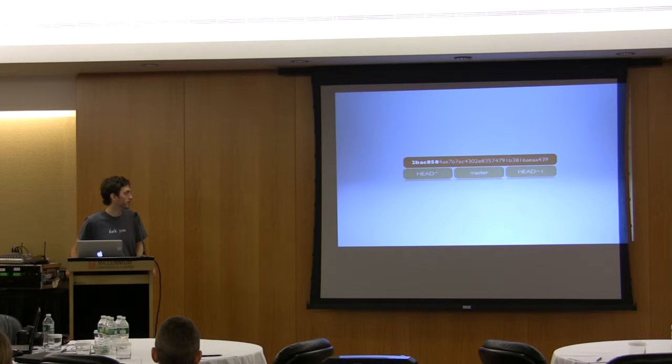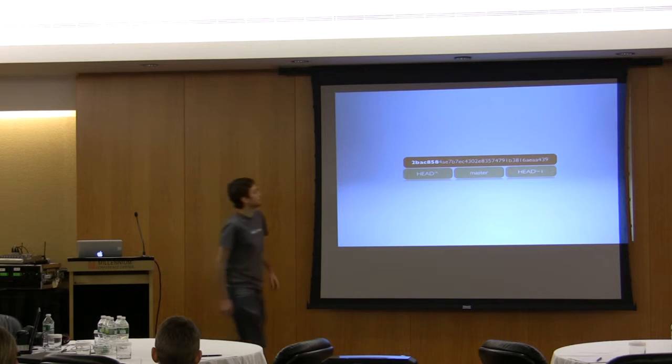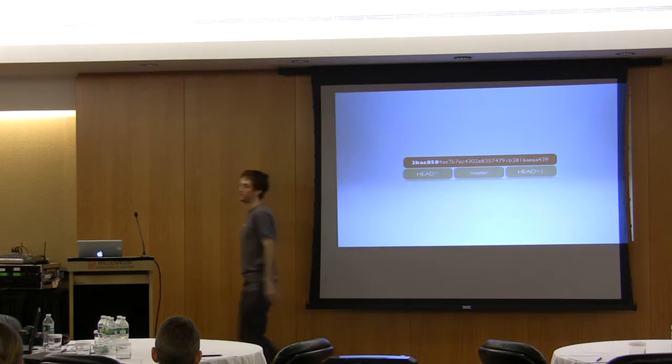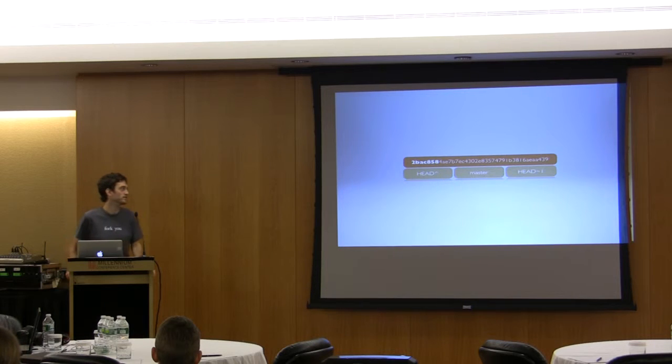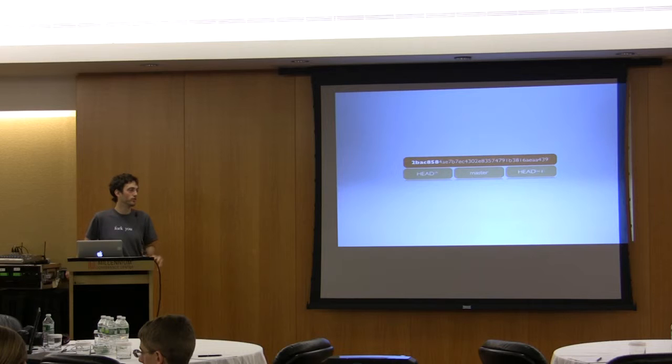For example, this one is the revision number before the latest revision, because HEAD points to the latest revision that is checked out, and this one is just 1 back, and 2, 3 back, etc. Master is just a branch name, etc. So it's really easy to have other ways to specify a revision. But I will go into the details later in the workshop.